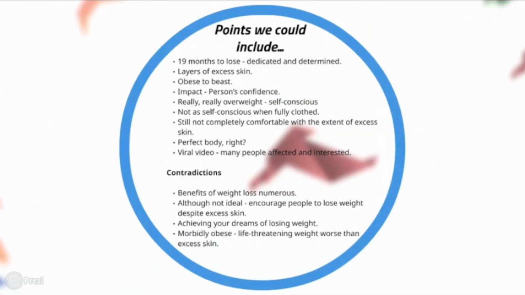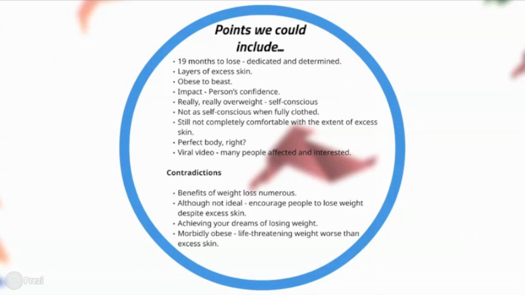Okay, so points that we could include in our answer if you're struggling a little bit. Hints and tips, here we go. 19 months to lose the weight shows that he's dedicated and determined. We could discuss the layers of excess skin. We could discuss the obese to beast channel name that he's called his channel on YouTube.